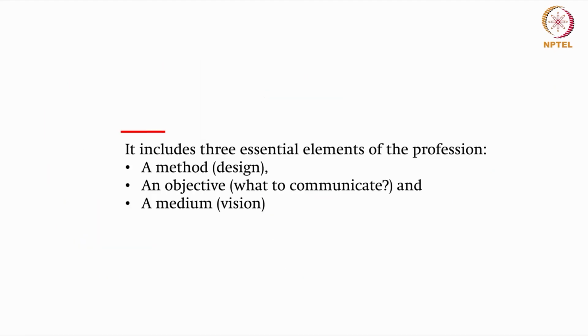To create a similar kind of impact and communication, it requires the consideration of three essential elements of this profession. As listed on the screen, these are a method, basically the design or the process which you are following to execute the project, an objective of what to communicate and what to achieve, and the medium or a vision, so that how and in which form you want to achieve this.